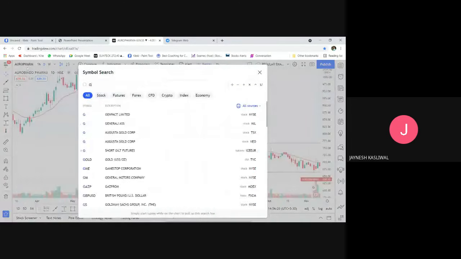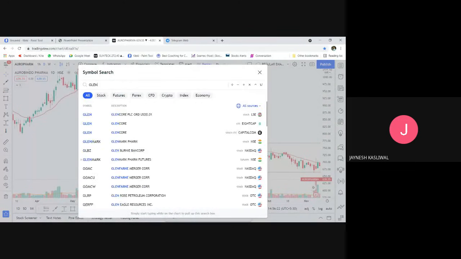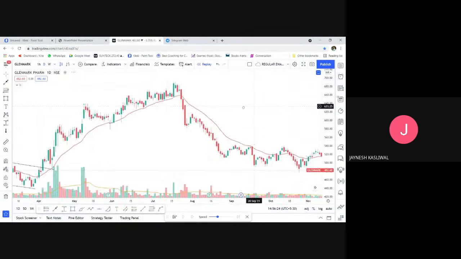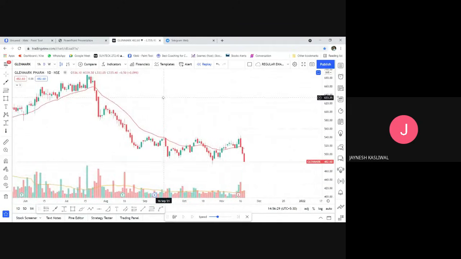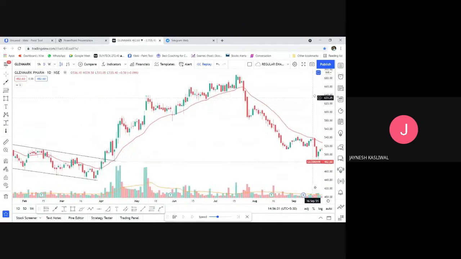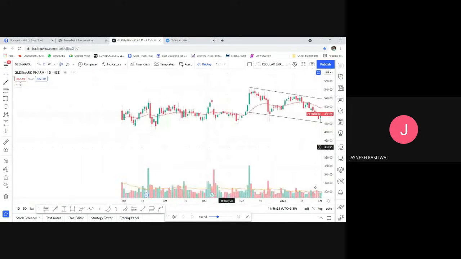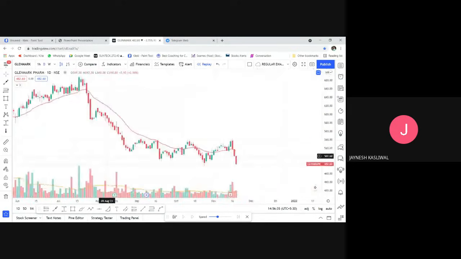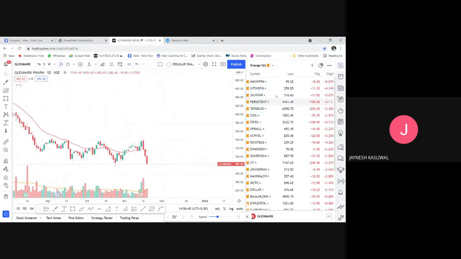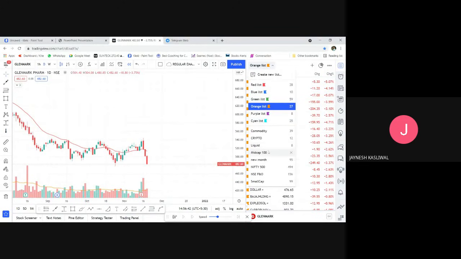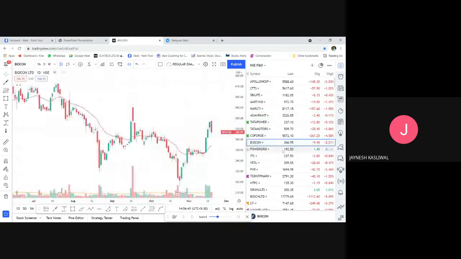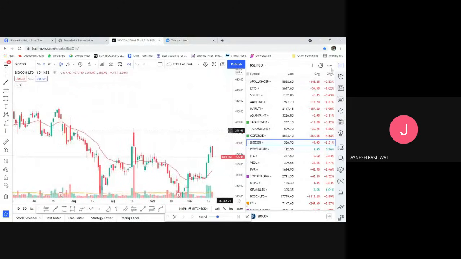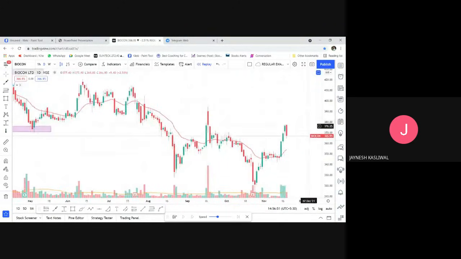One second, I will choose a better chart. Yeah, this is a good example where the breakout has happened.